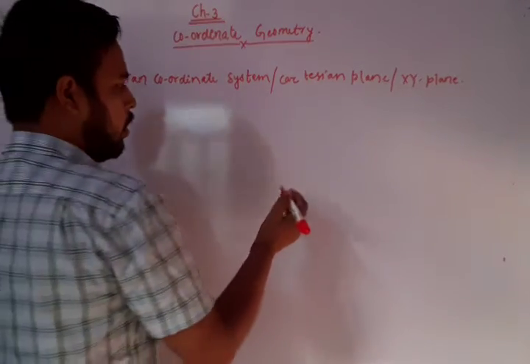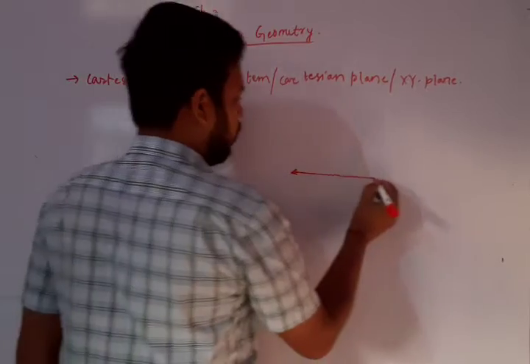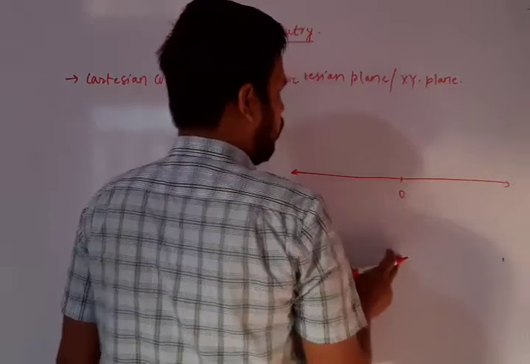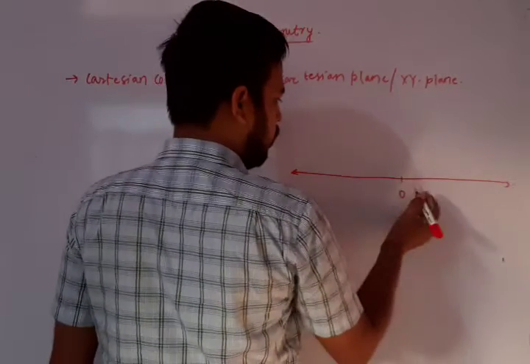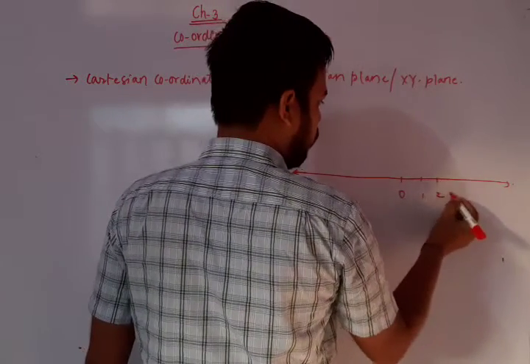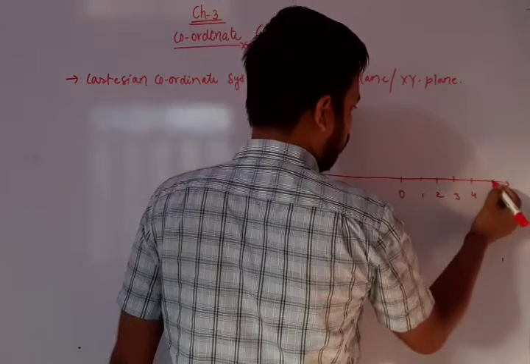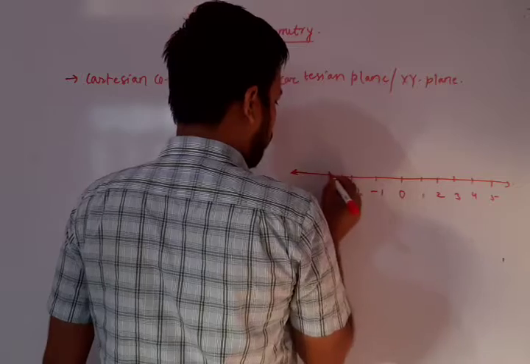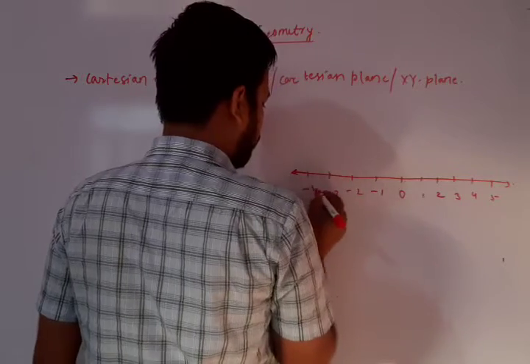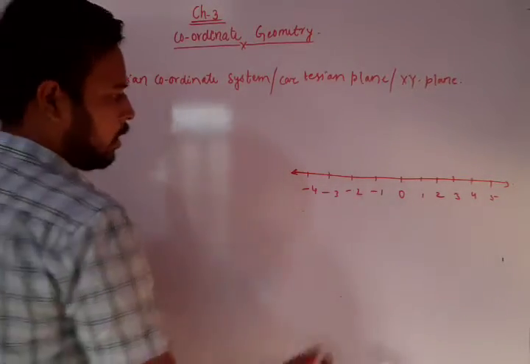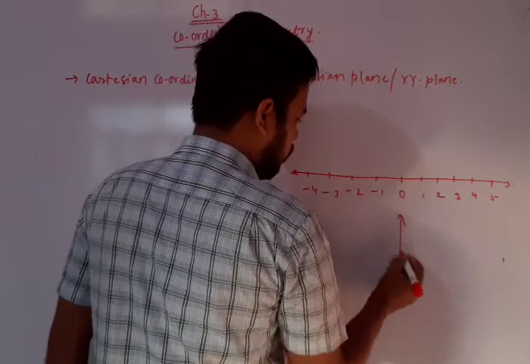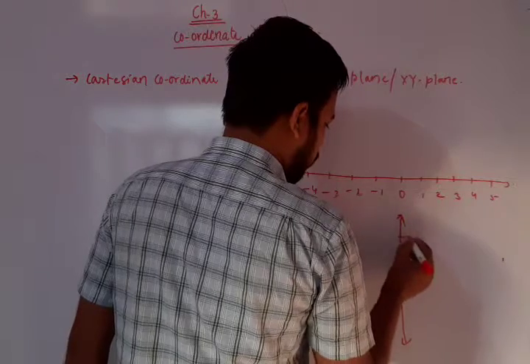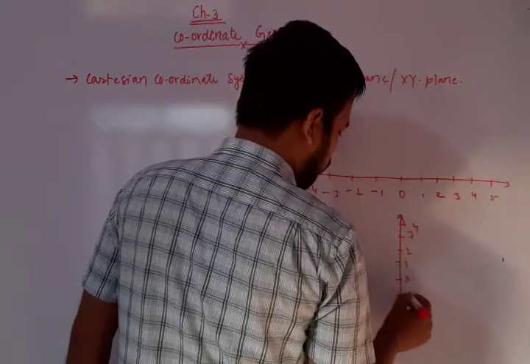Suppose there is one line. The zero of this line is here: 0, 1, 2, 3, 4, 5. And here will be -1, -2, -3 and -4. And take another line: this is 0, 1, 2, 3, 4.